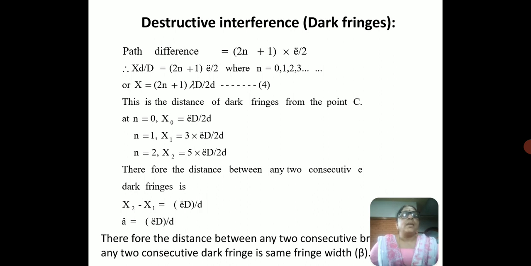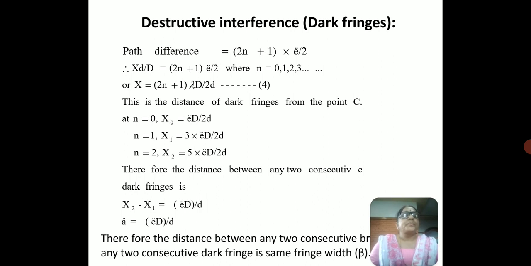Then we get x n is equal to (2n plus 1) lambda capital D divided by 2 into small d. Say this is equation 4. This is the distance of the dark fringe from the point C. At n equal to 0, 1, 2, 3, we get x0, x1, x2 and so on.